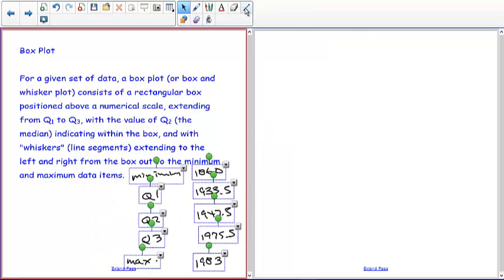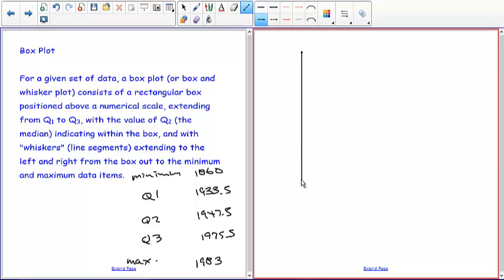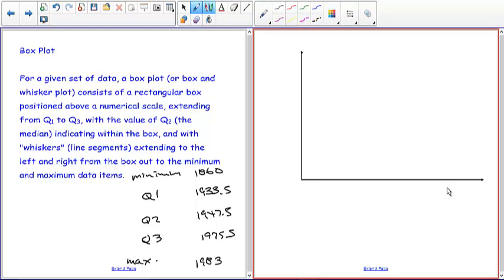Okay, so here's how it works. In the project, you do have to do a box plot. You've got two axes. Here you have the numerical scale, and the other axis really doesn't do anything. What we're going to do is make up a scale that includes all these values.